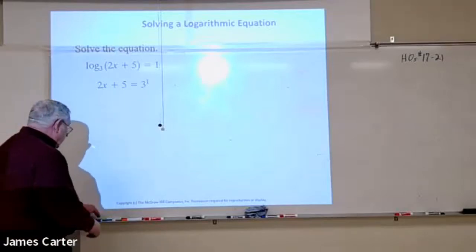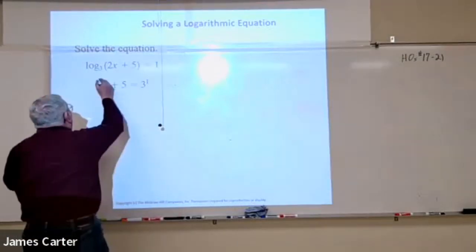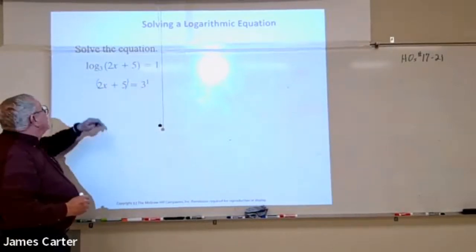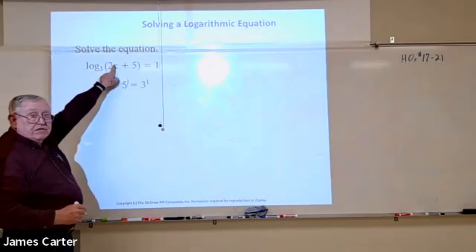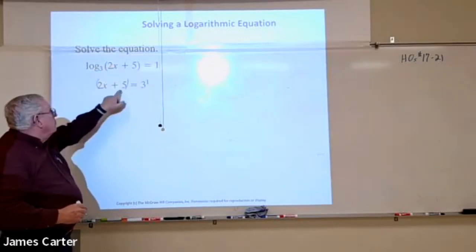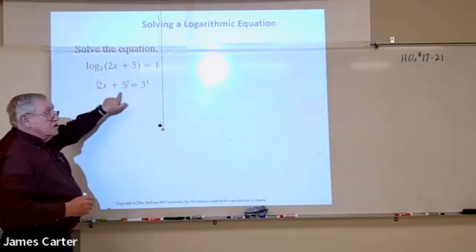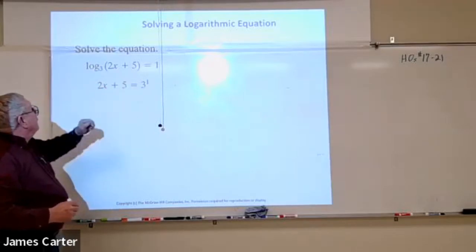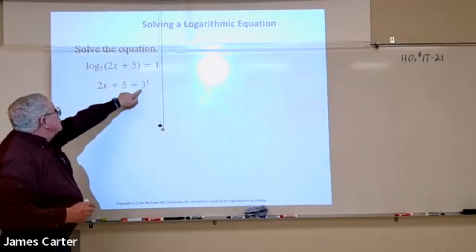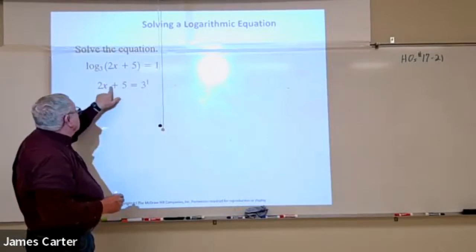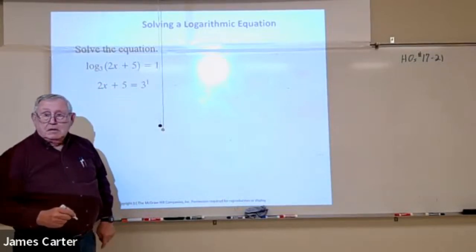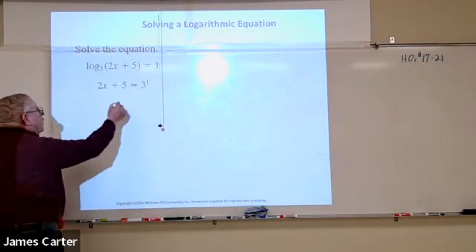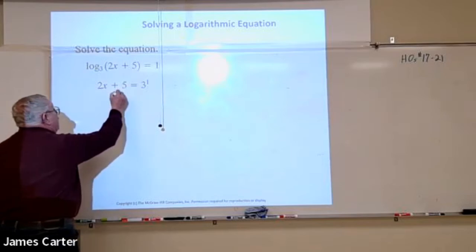Now, we're treating this all as one number, like if this were 3 to the 5th. Now, base stays the same. Here's the power. Here's the argument. Just like we did before, except now we have something we can solve.